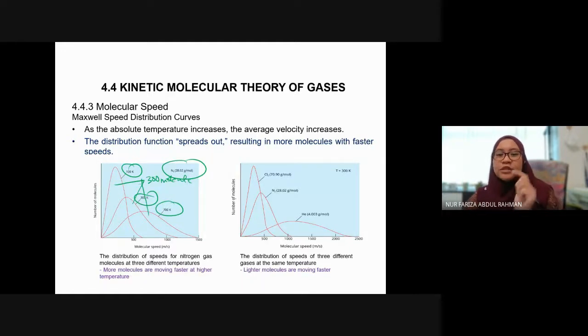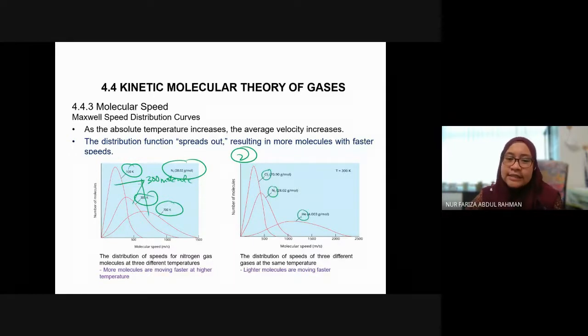Okay, alright, cuba tengok yang kedua punya graph here. Okay, sekarang ni kita varies in terms of the type of gas yang kita ada. So kita ada chlorine, nitrogen and helium. Okay, alright. So sama juga number of molecule can be represented dengan luas bawah graf dekat situ.